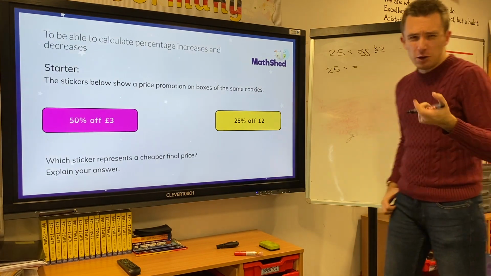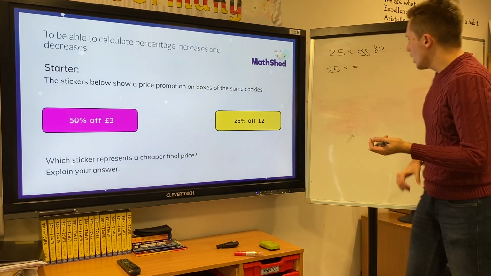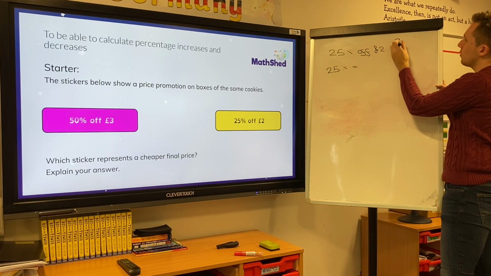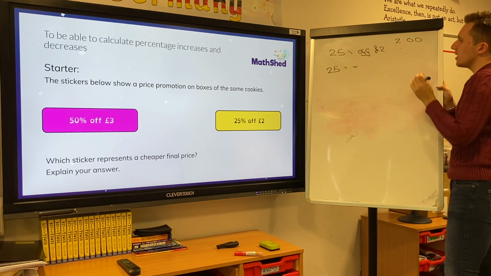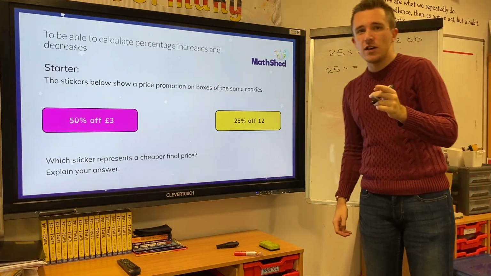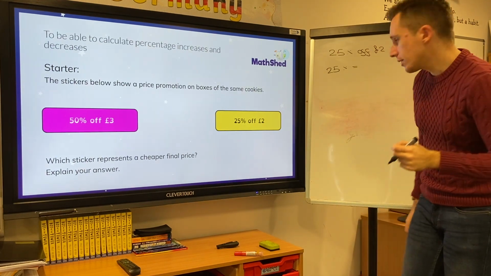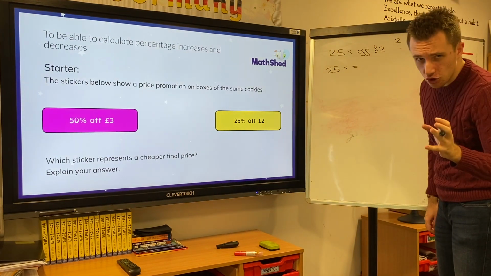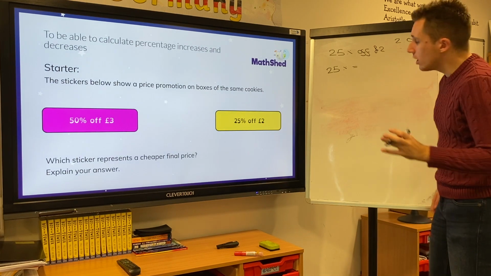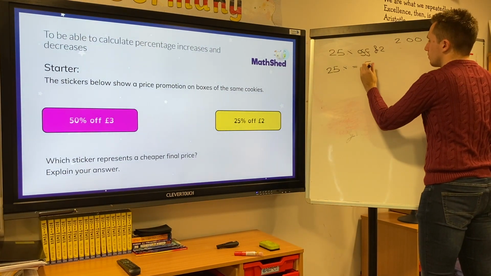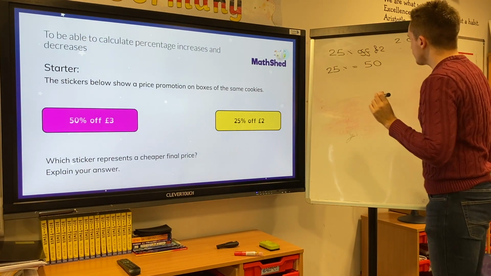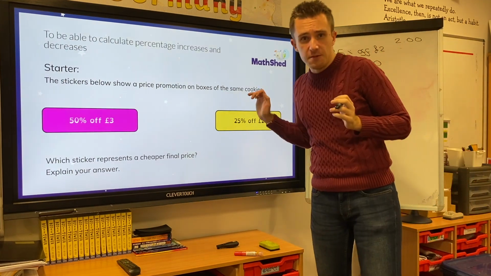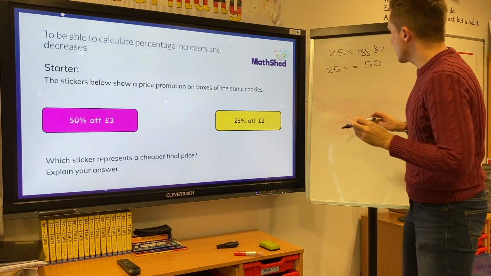Now you may be thinking, how do I do 2 divided by 4? Well, if you think of £2 as 2.00, think of it as 200. Then you can do 200 divided by 4, which is 50. 25% is 50.